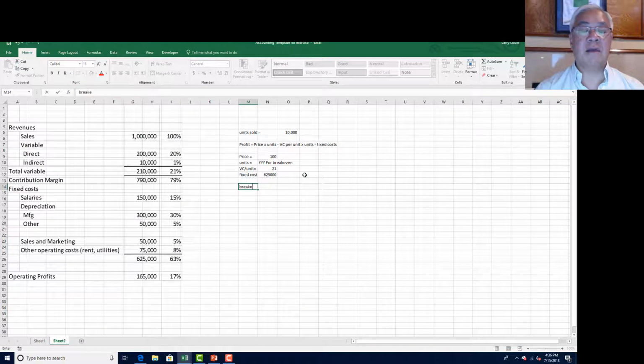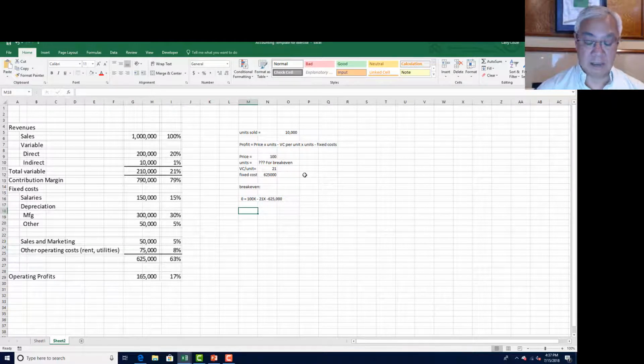So break even equals, the profit is 0, so 0 equals the price of 100 times X, minus the variable cost of $21 times X, minus 625,000. We can solve this by subtracting these two because they're both times X, so we get 0 equals 79X minus 625.